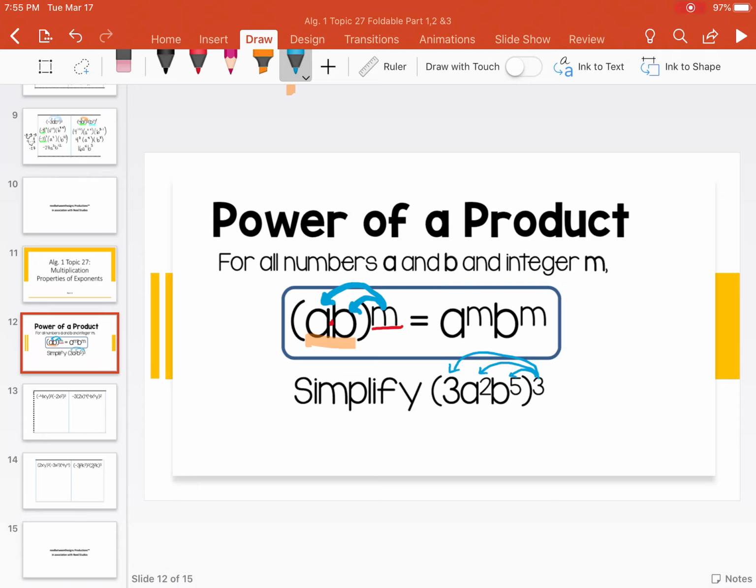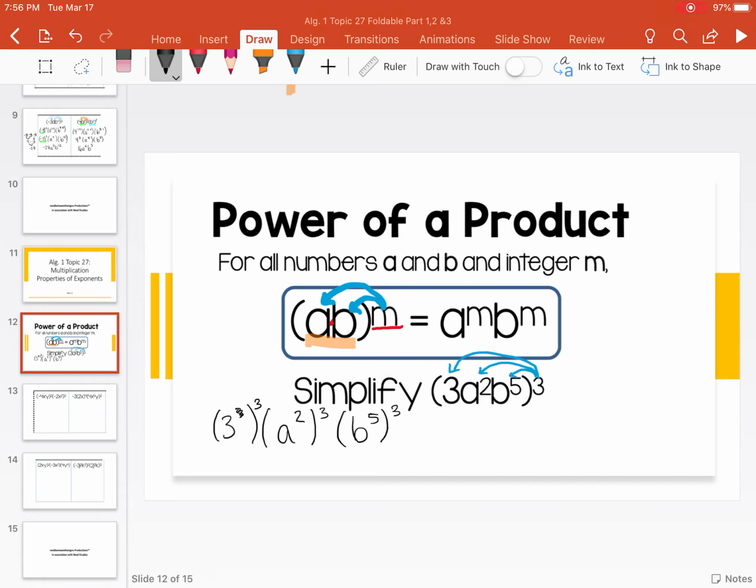So if we want to multiply this out, we will get 3 to the 3rd times a squared raised to the 3rd times b to the 5th raised to the 3rd. I'm sorry, I should have the 3 out here. That would make more sense.